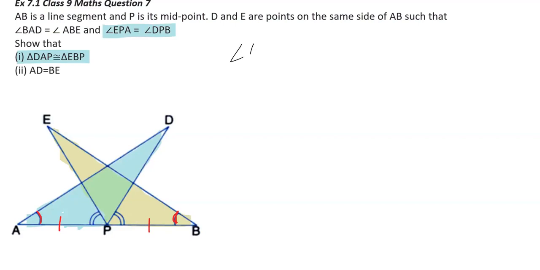I will first write angle EPA is equal to angle DPB. And as I said, we'll be adding the angle in between these two. That means I'm adding this angle. This angle is DPE.